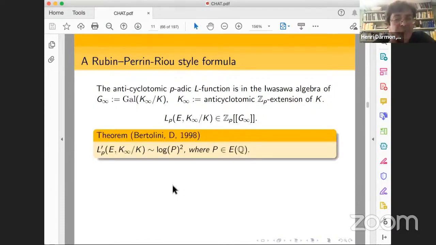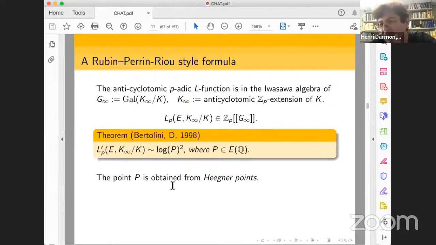And the theorem that I proved with Massimo, I guess around 1998, was that the first derivative of this anti-cyclotomic p-adic L-function is related, up to an explicit fudge factor, to the square of the p-adic logarithm of a global point on the elliptic curve. And this point was obtained from Heegner points.